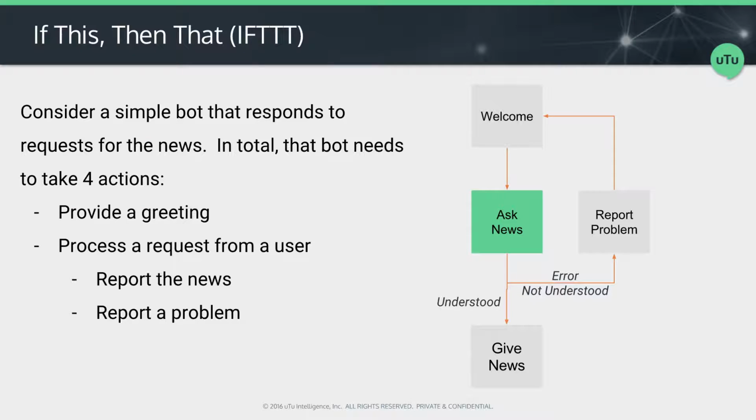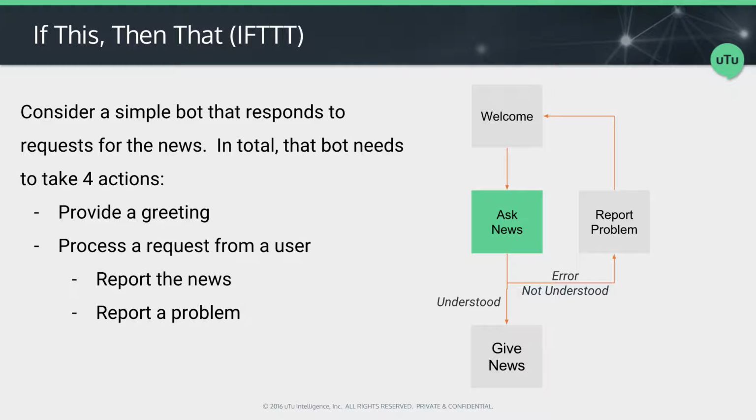From that, we would start to map out some of the steps that could go through to achieve that outcome. Here is a real simple process of mapping out a flow. Let's say you were building a bot to serve news, looking for when somebody asks you for the news, a multitude of ways that they could do that.